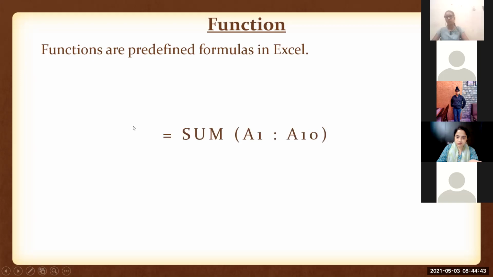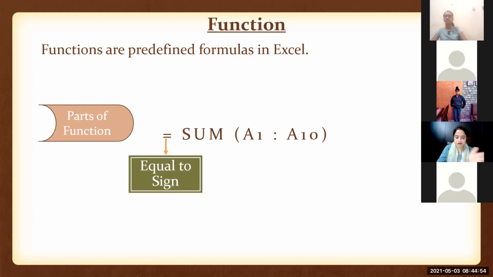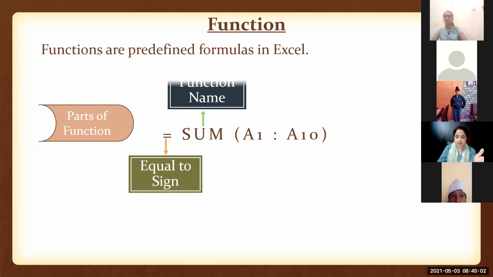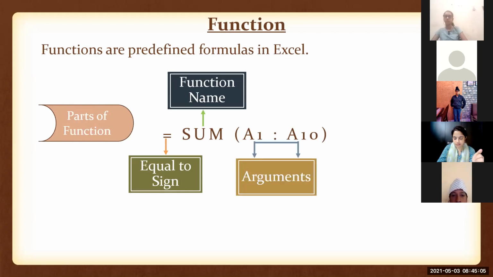For example, is equal to SUM bracket A1 colon A10, in this cell the sum of a total of 10 cells is performed. There are three parts of the function. One is the equal to sign, second is the function name, third is the arguments.